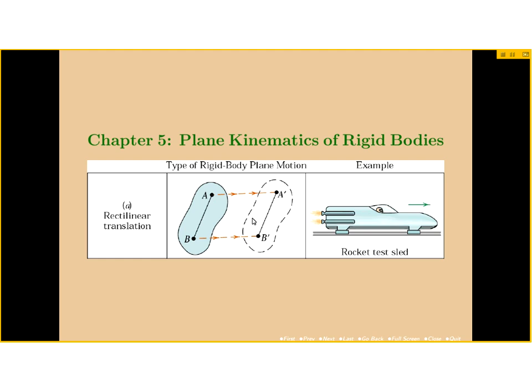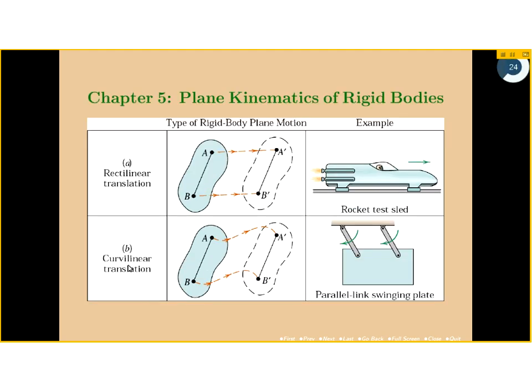If all the points move along straight lines and the orientation of any fixed line on the body remains constant, we have rectilinear translation. An example of this is indeed this rocket on the test sled that we've discussed earlier, provided, of course, that the two rails are in a single flat plane.